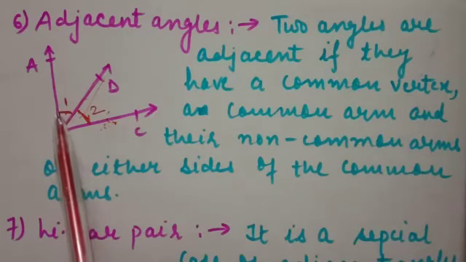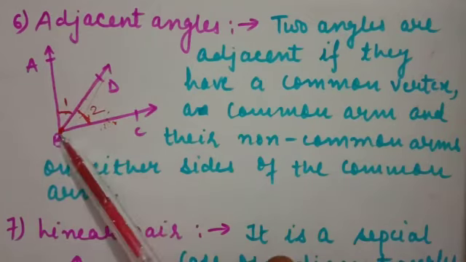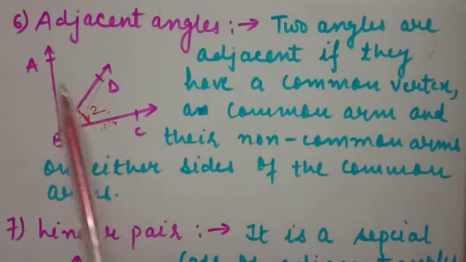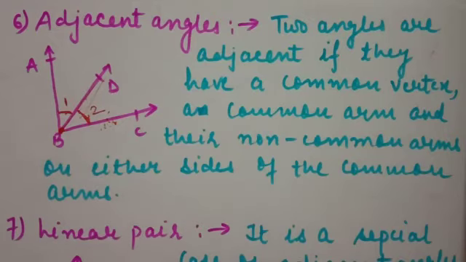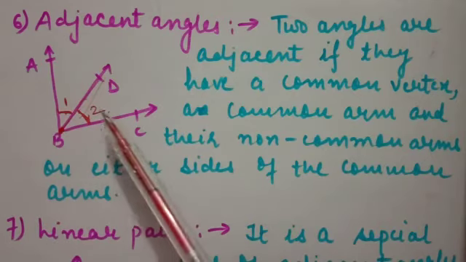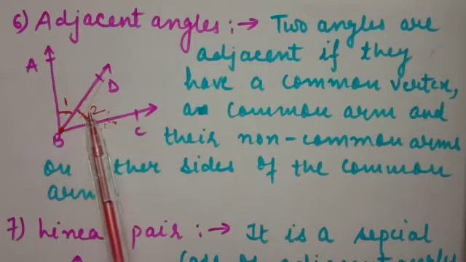It means two angles are adjacent when we have a common vertex and a common arm, and two arms which are present on the opposite sides of the common arm. So this is a pair of adjacent angles.